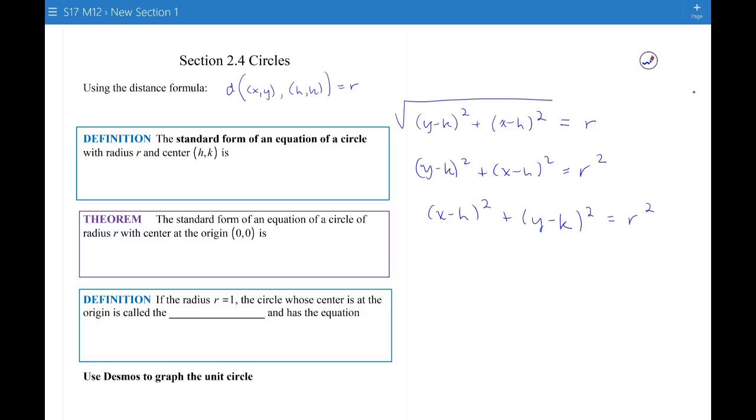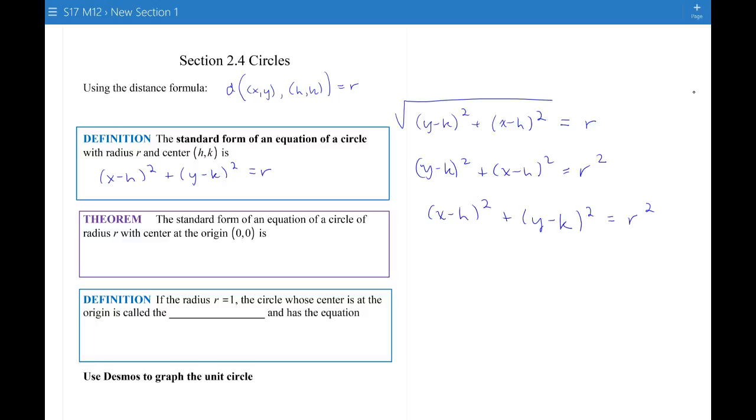So sure enough, we get the standard form of an equation of a circle with radius r and center (h, k). It looks like x minus h quantity squared plus y minus k quantity squared equals r squared. I'd encourage you not to memorize this formula, but to think about where it comes from, that the distance from any point (x, y) on the circle to the center is always r.